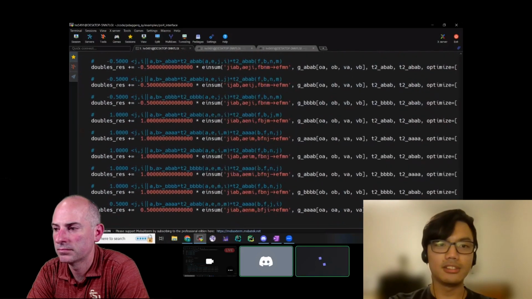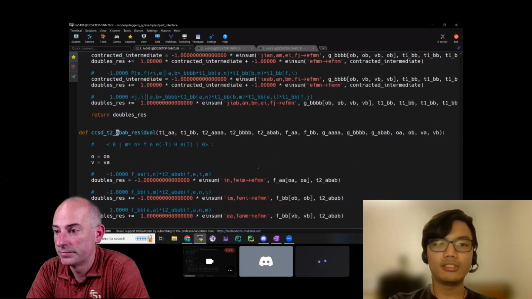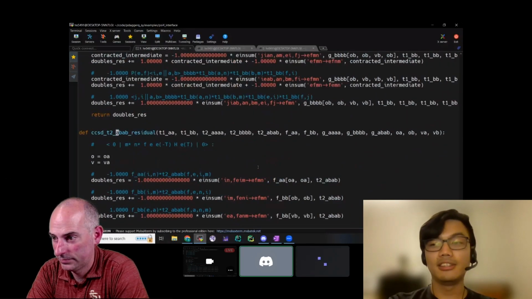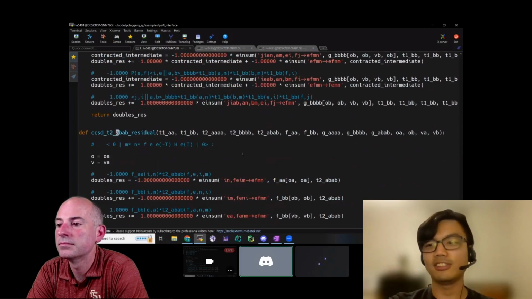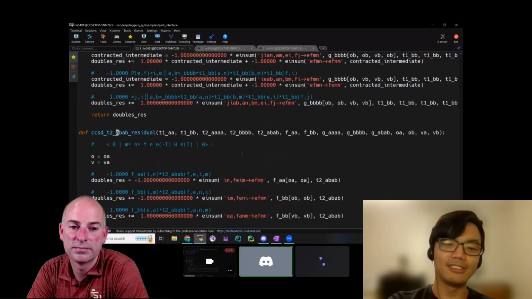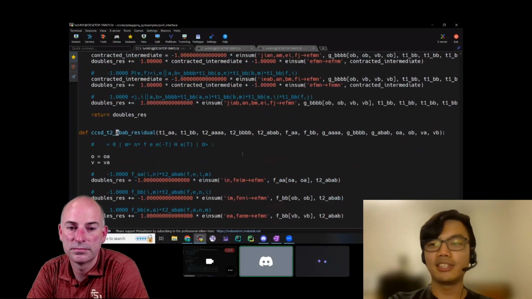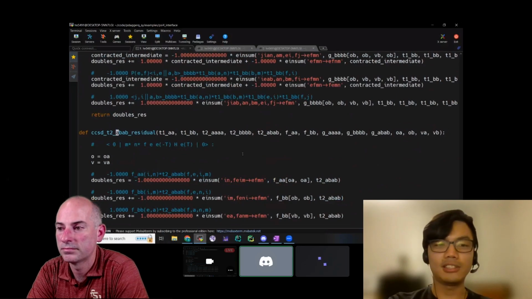I think it's at the very end. Oh my god. Yeah. So in the spin traced version, which Eugene implemented, it's really awesome. Spin trace makes your code infinitely faster. No, not infinitely faster, just really, really fast, because you don't spend time computing the unnecessary blocks of your amplitude equations.